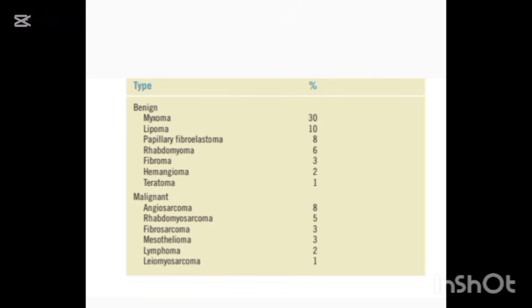Lymphoma is 10%, papillary fibroelastoma is 8%, rhabdomyoma is 6%, and rhabdomyomas are found in children, not in adults. Also the fibroma, hemangioma, and teratomas. Malignant tumors are angiosarcomas, rhabdosarcomas, fibrosarcomas, mesothelioma, lipoma, and leiomyosarcomas.